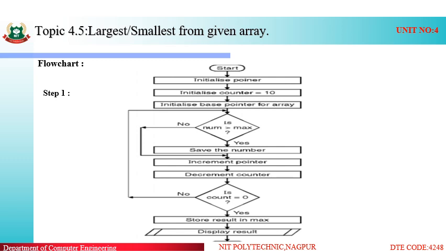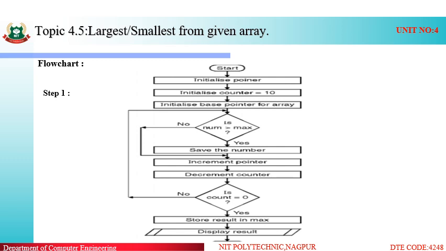Suppose the array consists of 5 elements, and we are now at the first element, so we have to check all the 5 elements. So we have to increase the pointer by 1, so we are incrementing the pointer. Similarly, one element is completed, one iteration is completed, therefore we have to decrement the counter.